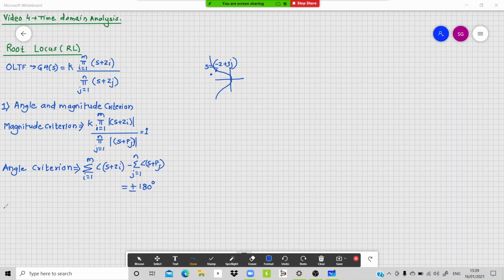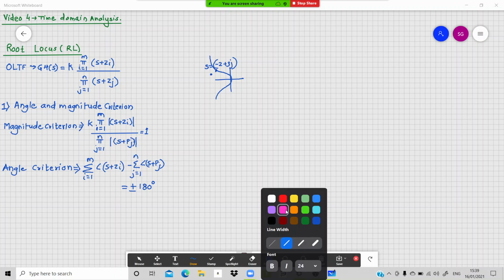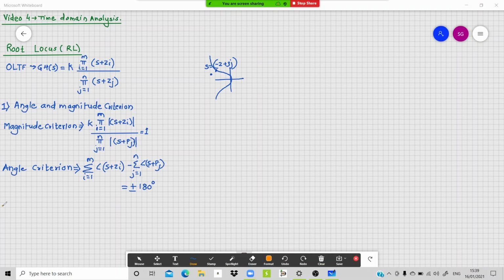Then the second formula, for finding out the value of K. Very much clear from this: this will go in the numerator, this will come in the denominator, and will give you the value of this K, right? The point when it is lying on the root locus, right? At that point, if you want to find K, you have to just reverse this thing.